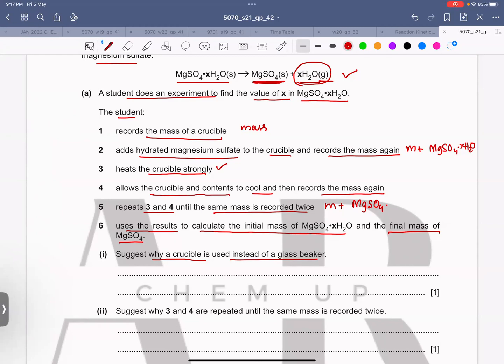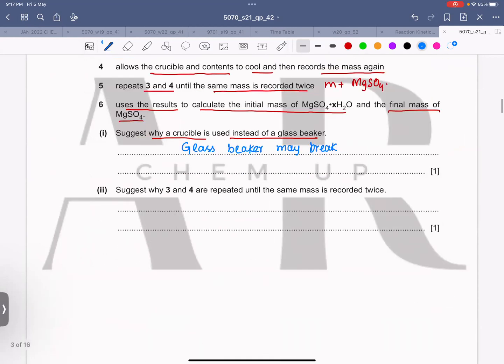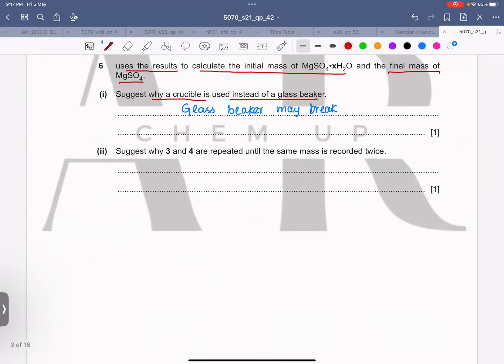But here, for strong heating, we need a crucible because a glass beaker may break. Okay. So the reason over here, you can write that the glass beaker may break.